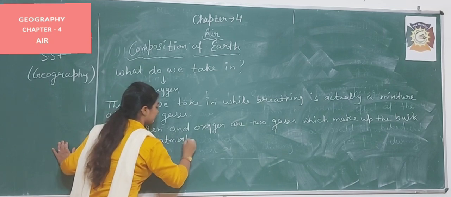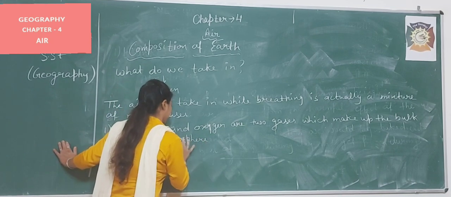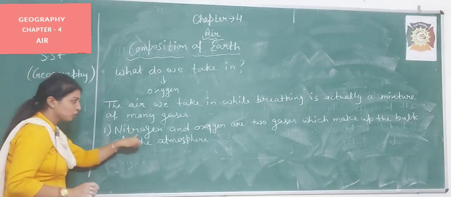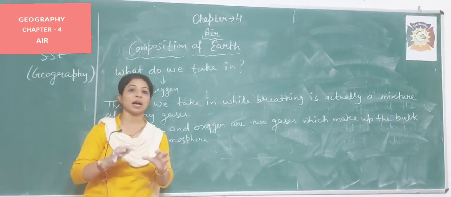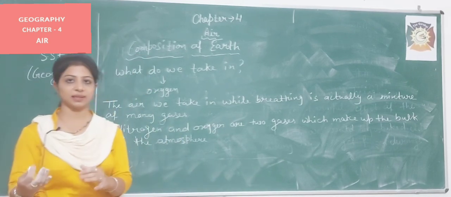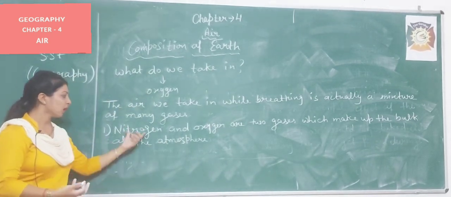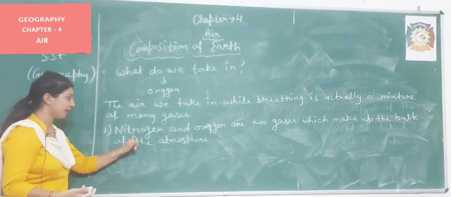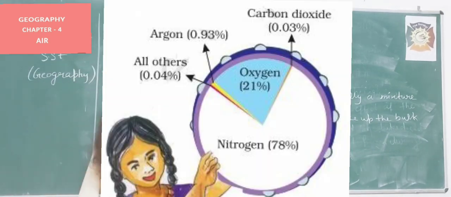What is meant by this line? It means nitrogen and oxygen are in more quantity, or we can say higher quantity, than other gases. What are the other gases? First we will see nitrogen. See the diagram here.